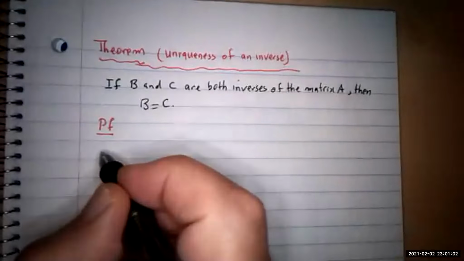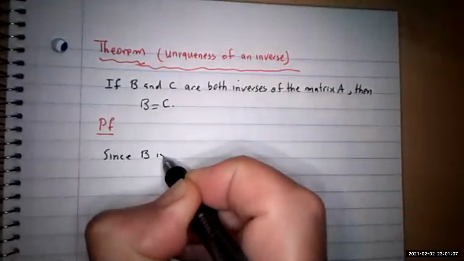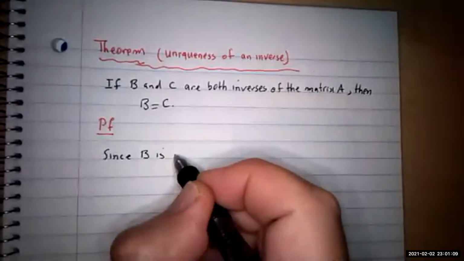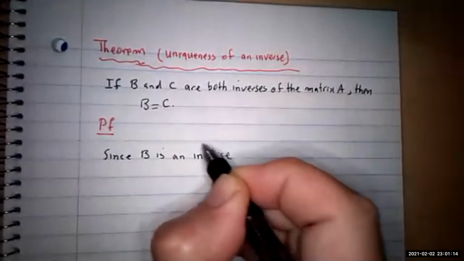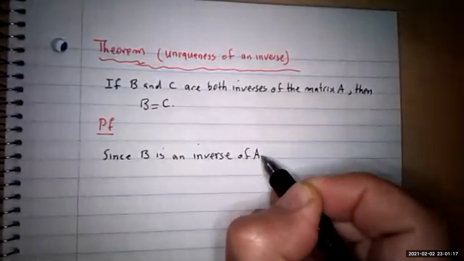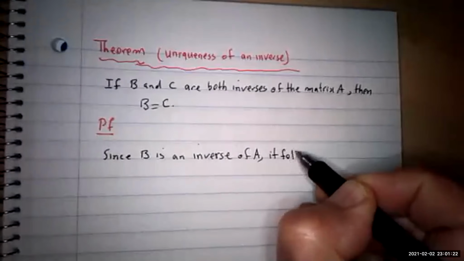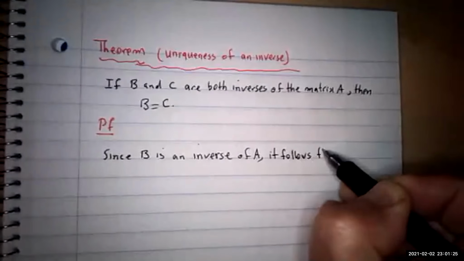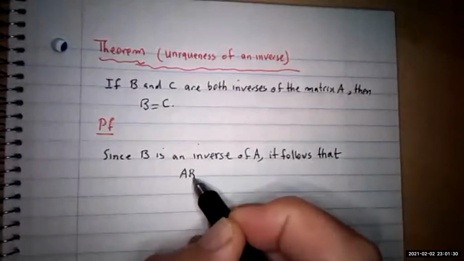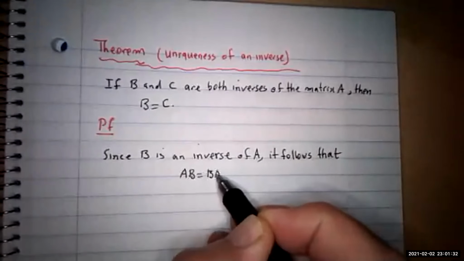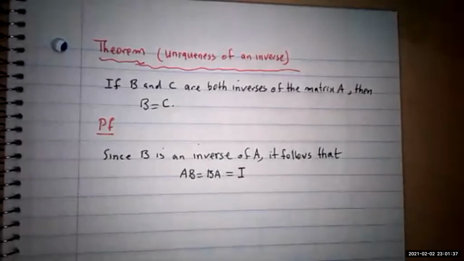Since B is an inverse of A, it follows from the definition that A times B is equal to B times A is equal to I.